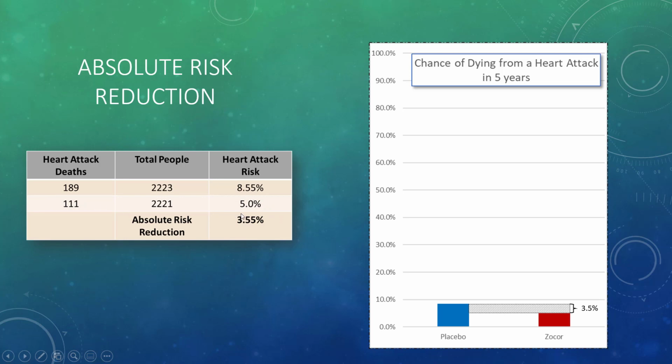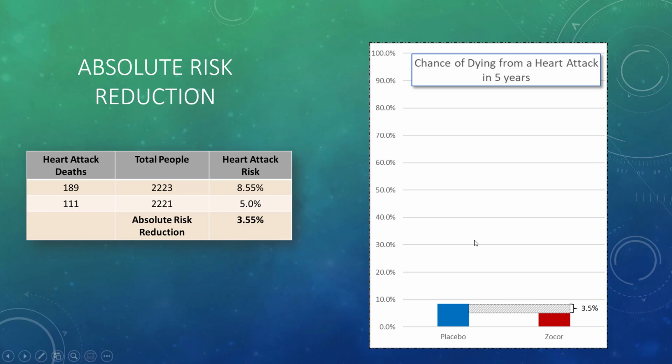The study showed that they had a risk of 5%, and you subtract them, so your absolute risk reduction is 3.55%. So theoretically, what this is saying is that you have a 3.55% less likely chance of dying of heart disease by taking Zocor over a placebo.